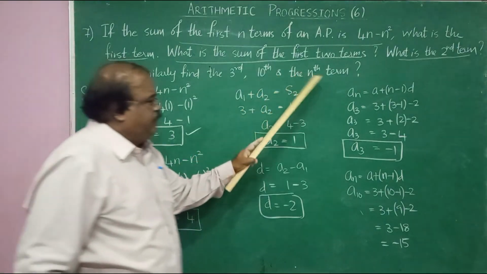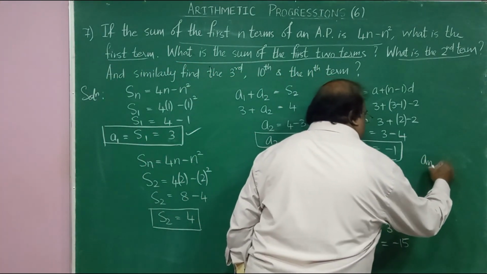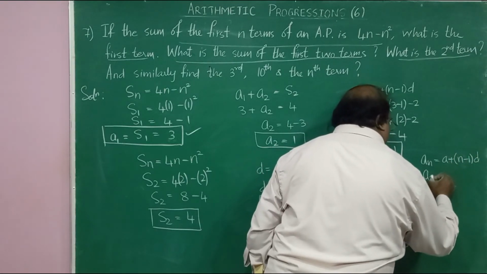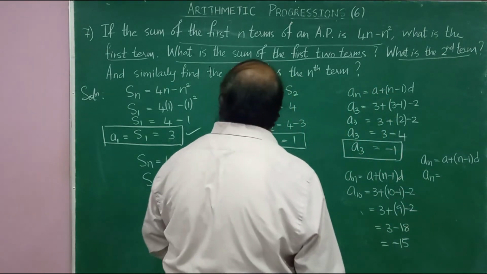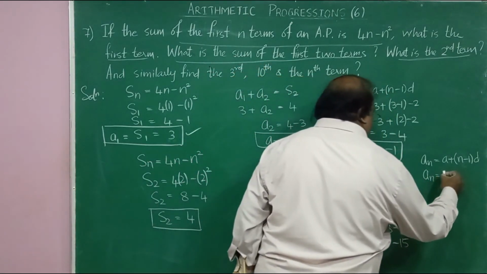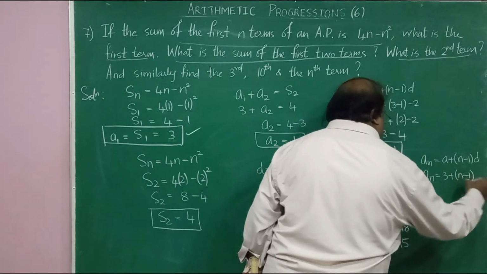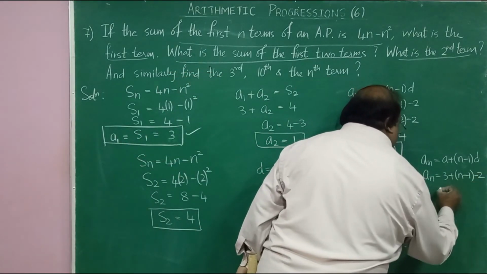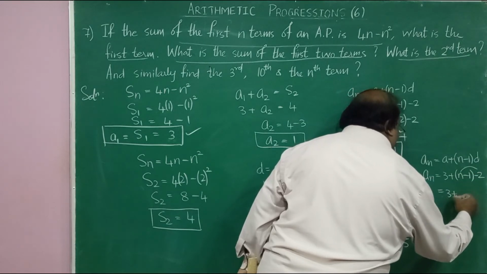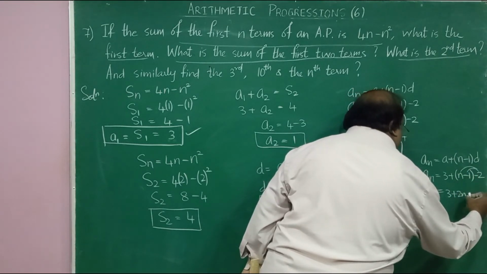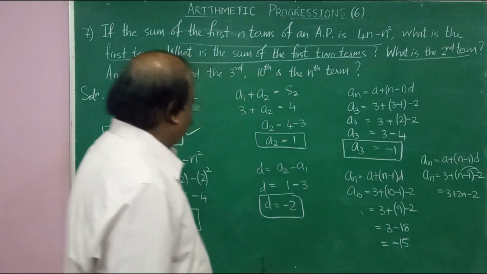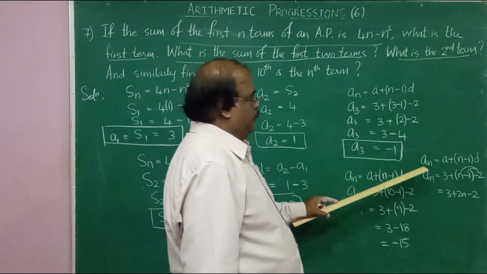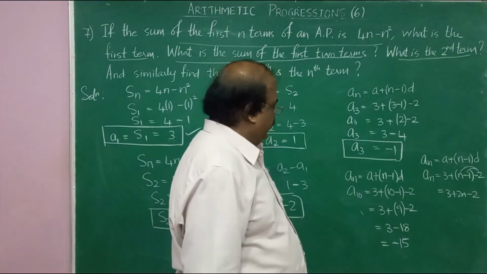I also asked you for the nth term. An is equal to a plus of n minus 1 into d. So what is a? A is 3 again. N minus 1. Common difference is minus 2. Let me check.